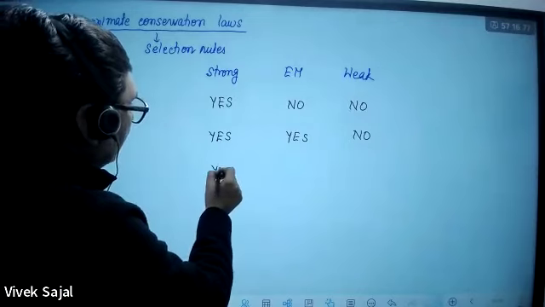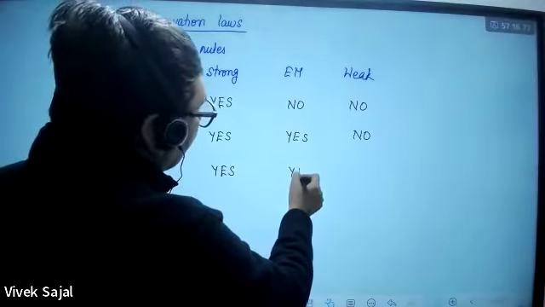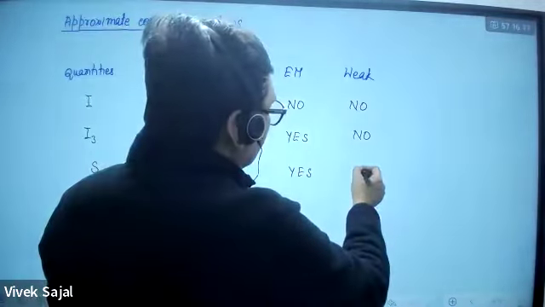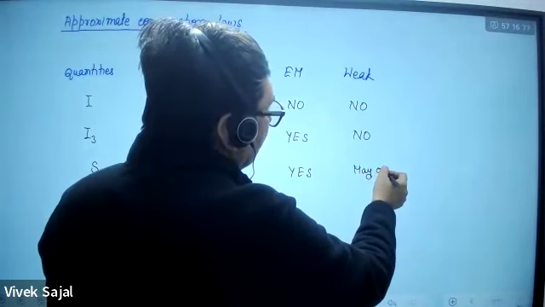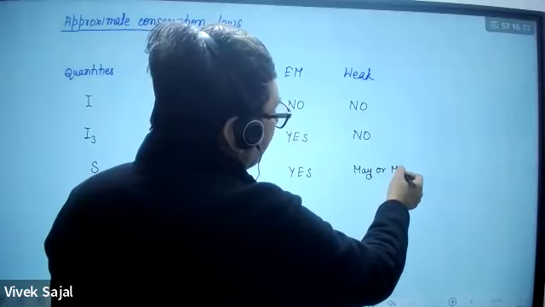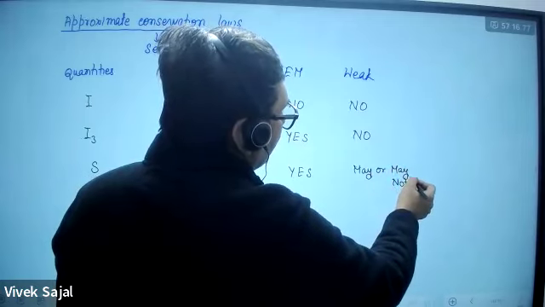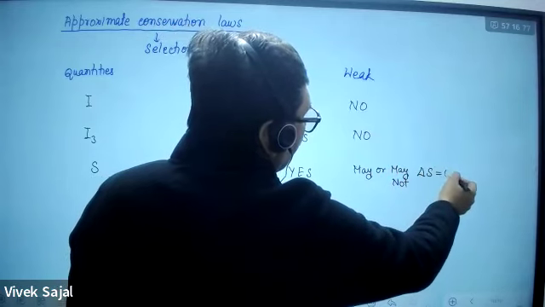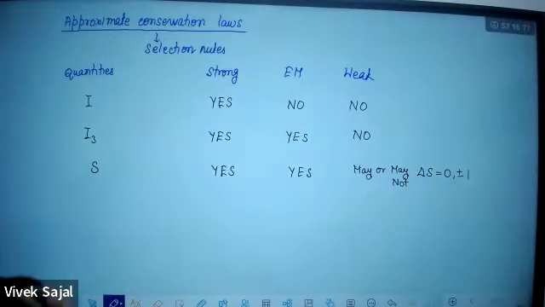It will be followed in strong and electromagnetic, and in weak it may or may not be, changing by plus or minus 1. So this is the strangeness number.